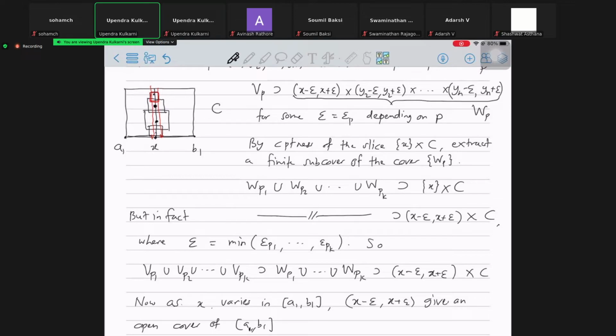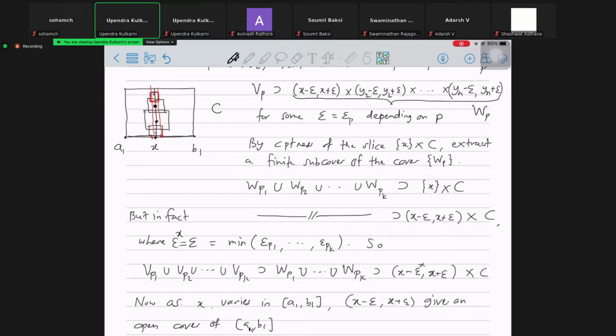But I should have really set up my notation here. So let me write down here. So you see another thing. Unfortunately, there is no way around this. But this notation, you see the epsilon that I have chosen, the minimum of epsilon P1 up to epsilon Pk, that epsilon also depends on X, right? So I should really write this epsilon to be epsilon sub X or something like that.